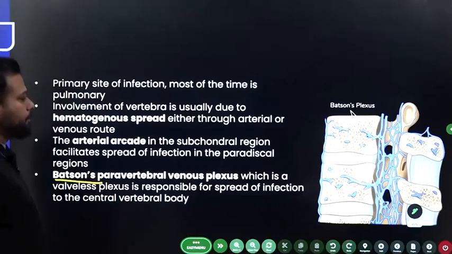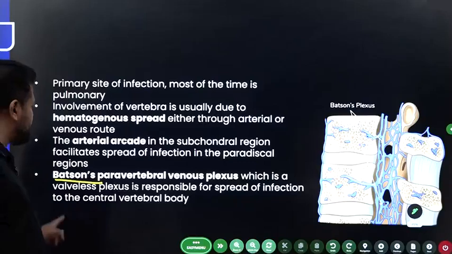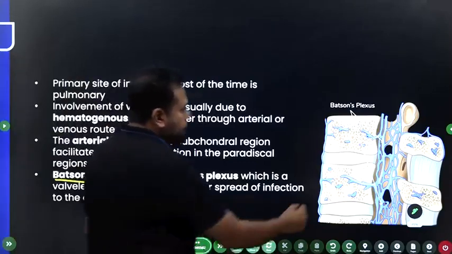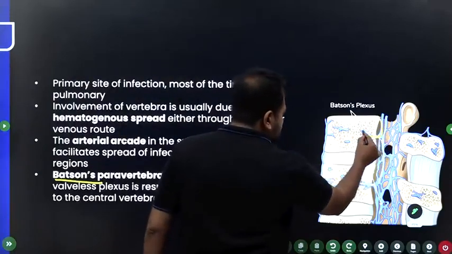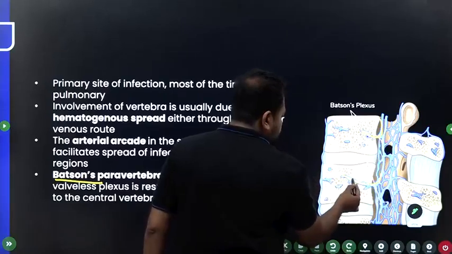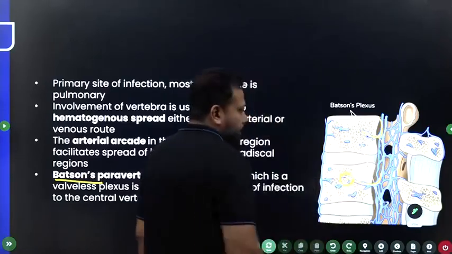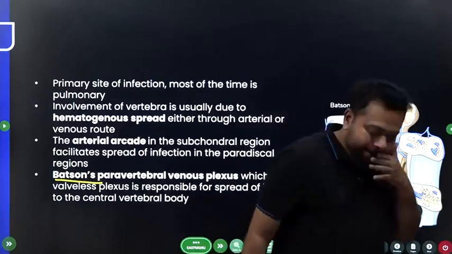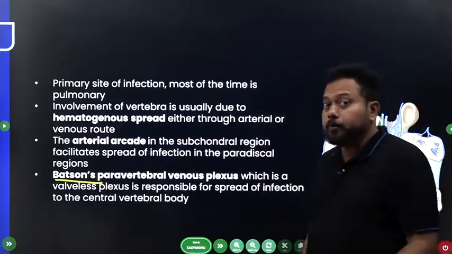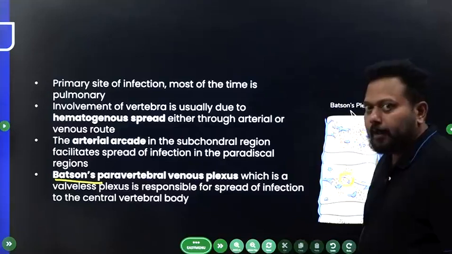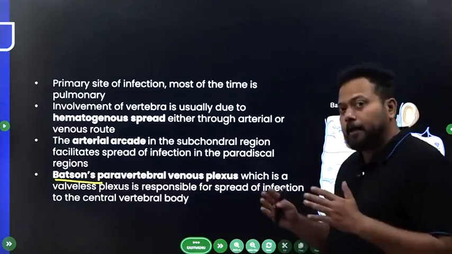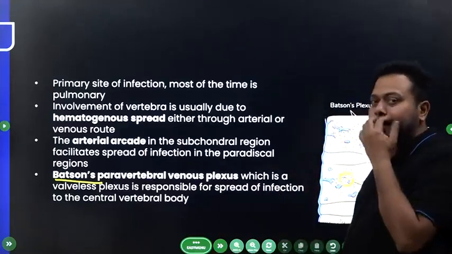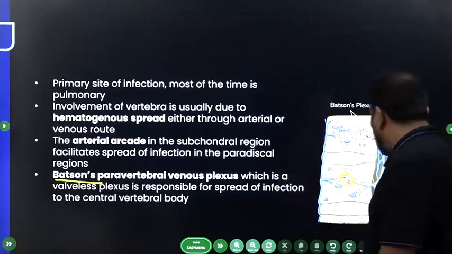Batson's paravertebral venous plexus, which is a valveless plexus, is responsible for spread of infection to the center of the vertebral body. You see, this Batson's plexus goes into the center of the vertebral body, so infection gets lodged here. Whenever there is infection in the center of the body, mostly that is through Batson's plexus. Whenever there is infection paradiscal, around the disc, that is due to arterial arcade.